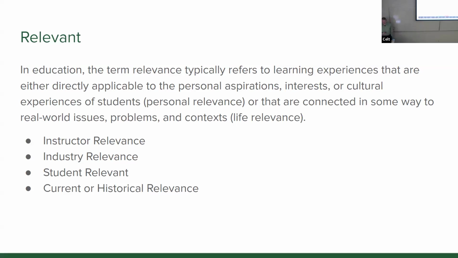On the flip side, current or historical relevance is probably the easiest. Time is always marching forward, so you can always find something that is happening right now that is related to the subject that you are teaching. I honestly cannot think of a subject where that is not the case. And even better, you've got all of history to go back and pull examples from.